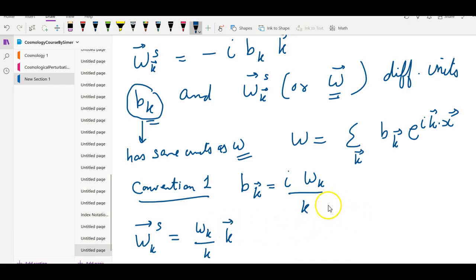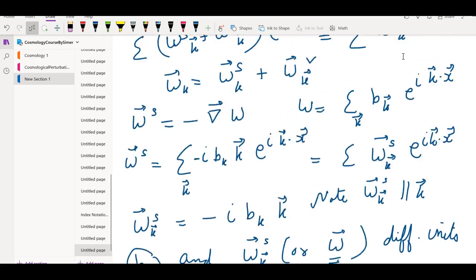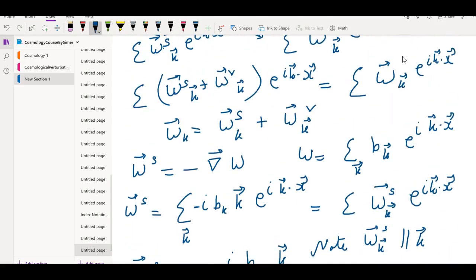And note that this WK scalar is parallel to k. So we are splitting this WK into two parts.